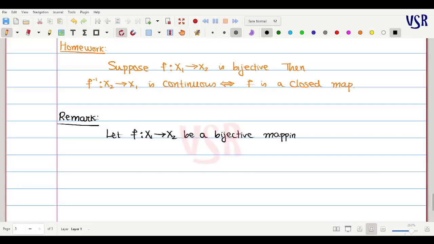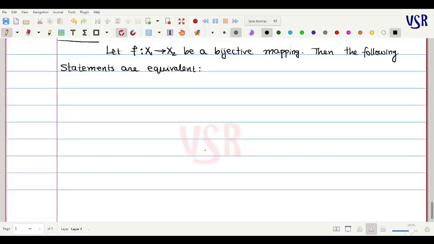Then the following statements are equivalent. Number one, f is a homeomorphism.